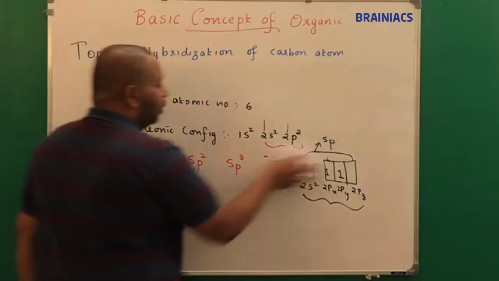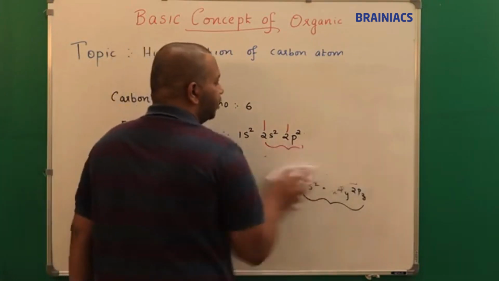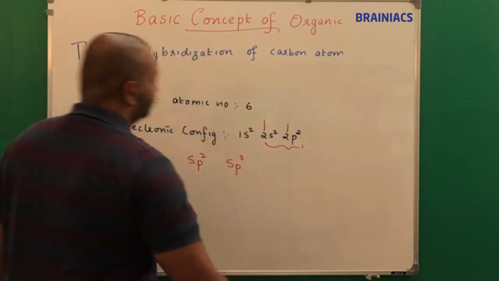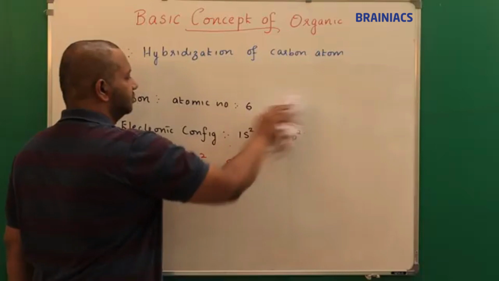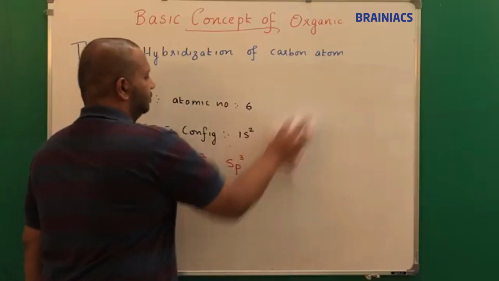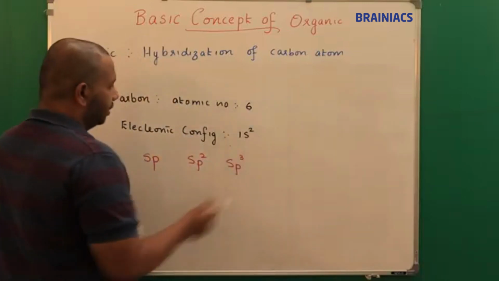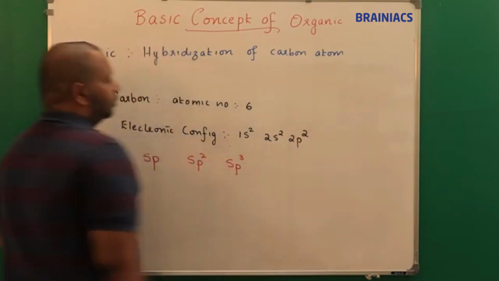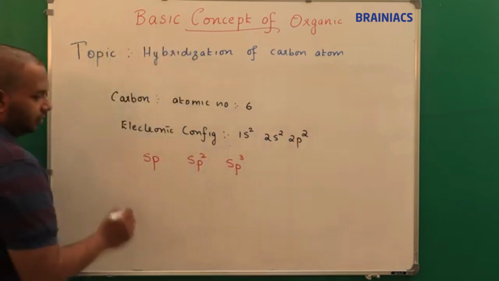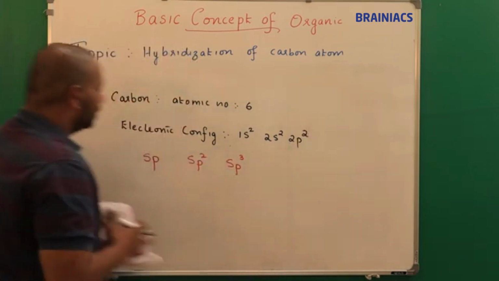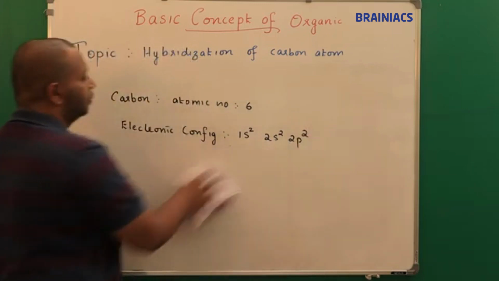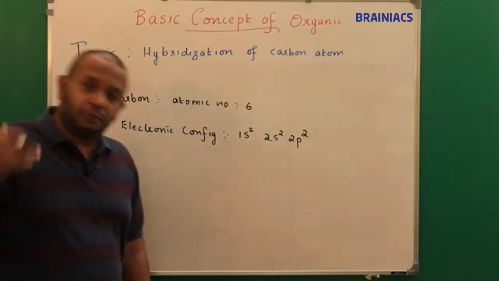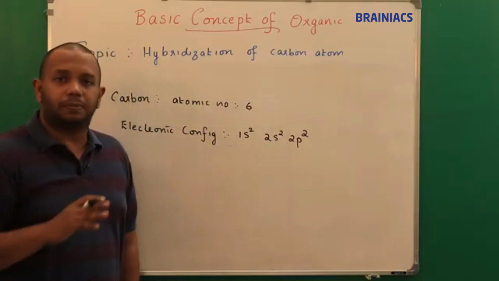Now I will give you a simple idea to identify the hybridization in a carbon atom. Listen here. This is 1s2, 2s2, 2p2. What are the basic types of bonding possible for carbon? Carbon can form completely single bonds, carbon can form double bonds, and carbon can form triple bonds.